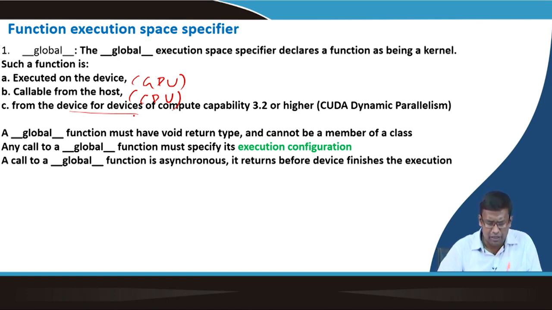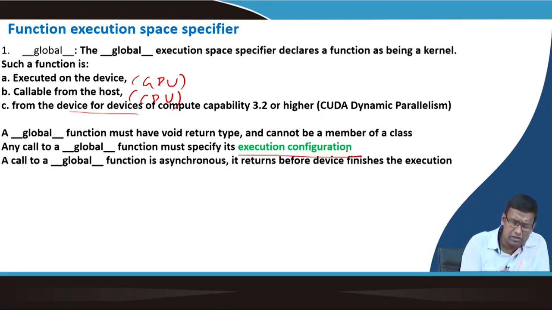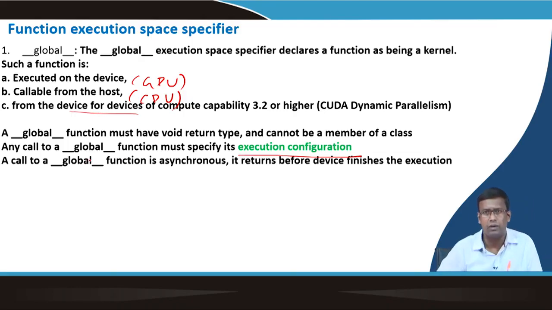Any call to a global function must specify its execution configuration. If you remember, in the last slide we discussed execution configuration. Execution configuration tells how many threads there will be, what the grid size is and what the block size is, that is, how many blocks and how many threads per block. That has to be specified once a global function is called.